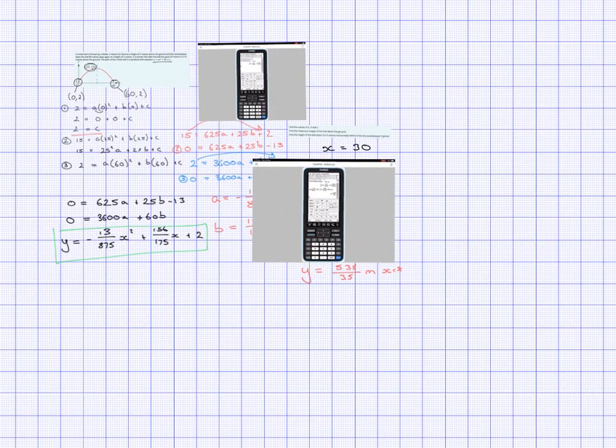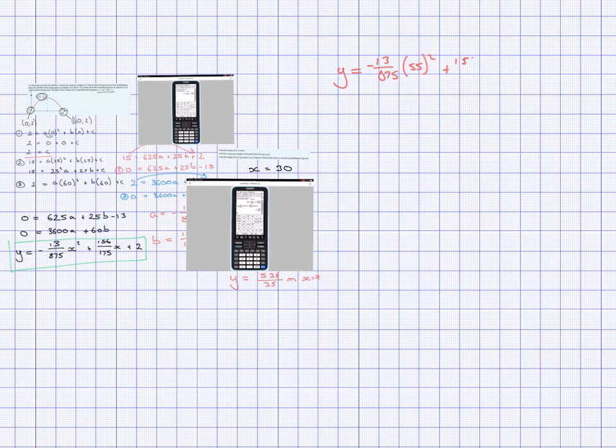All right, so we'll just type in something like this. Y equals, what do we have? Minus 13 over 875 times 55 squared plus 156 over 175 times 55 plus 2.